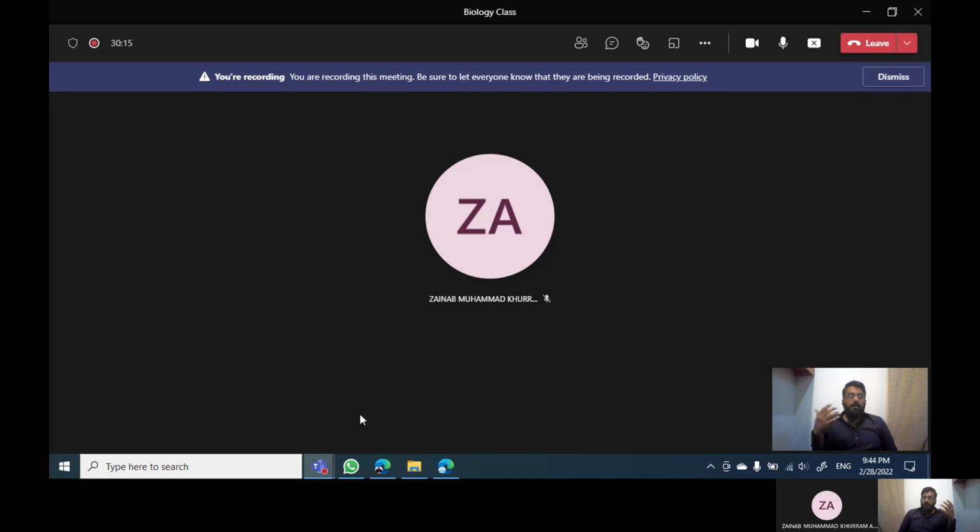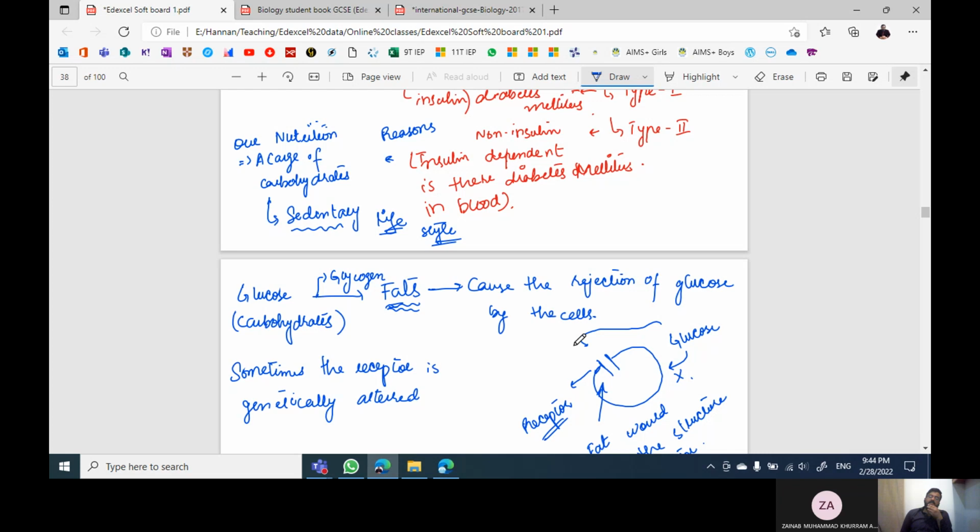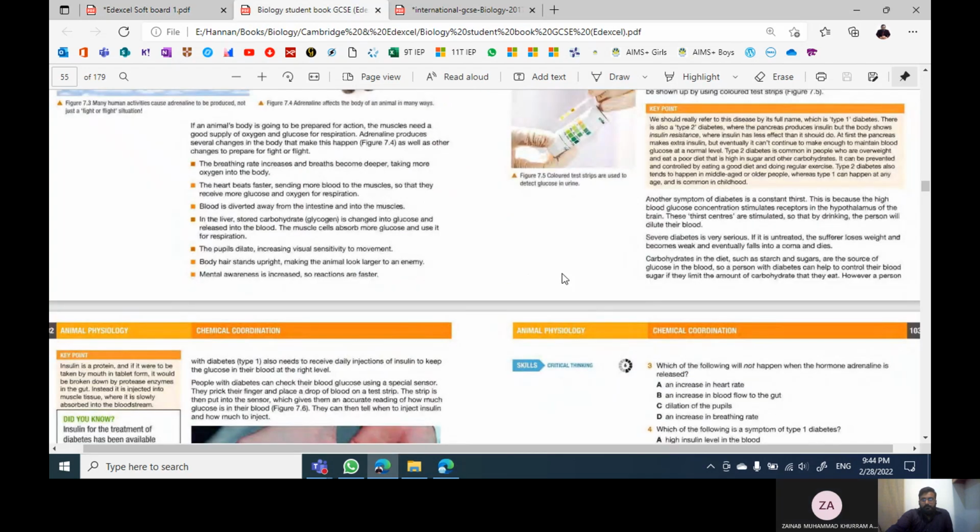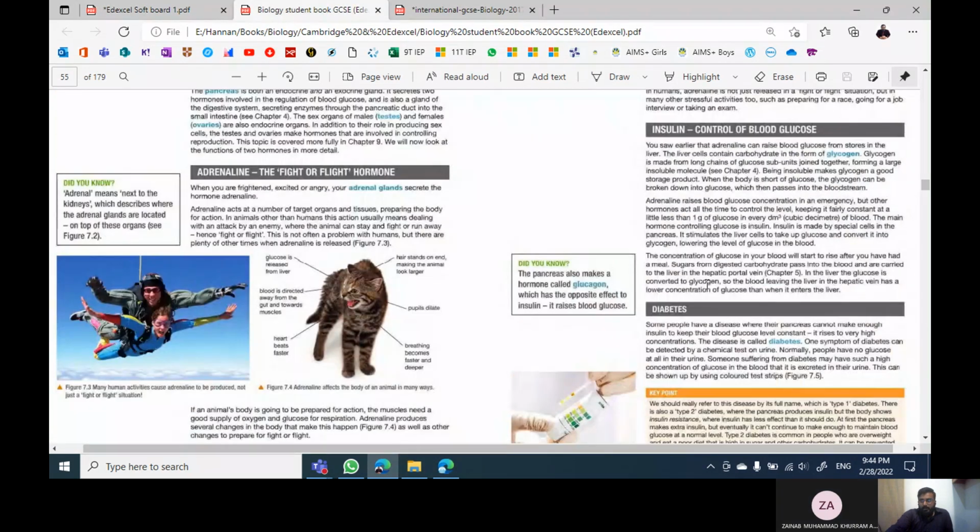We do not adopt a healthier lifestyle that is beneficial for us, one that would consume the fats in our body. So this is the major reason, and it can be easily overcome by changing the lifestyle. Understood? Yes, sir. Okay.